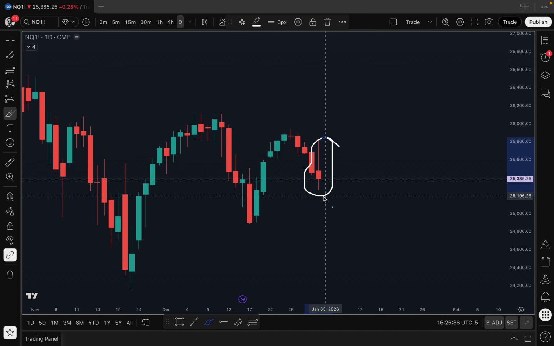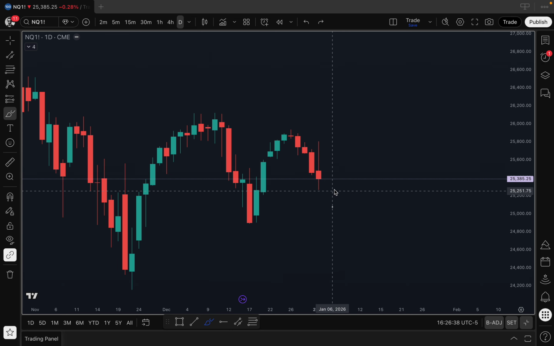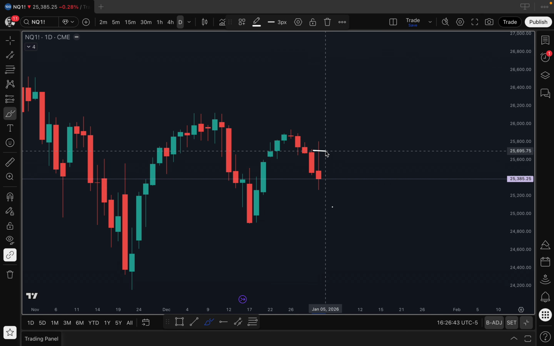This is a bearish engulfing candle. What does that mean? That means this particular candle went above the previous high and below the previous low. So it's actually covered both of them, gone on both sides of this previous candle. Why is that significant?